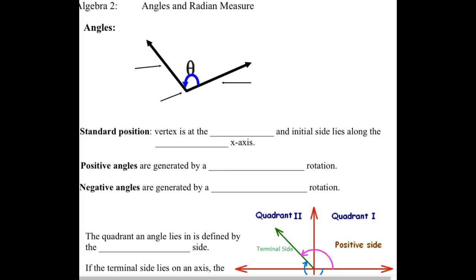Okay, so a typical angle, if we put it in standard position, the vertex would be at the origin. Where in our picture is the vertex? Okay, where the rays intersect? Okay, this is my vertex.